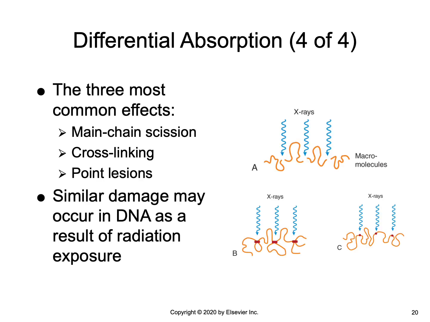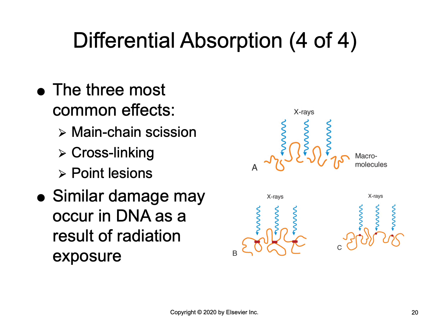The three most common effects are main chain scission, cross-linking, and point lesions. Main chain scission refers to a breakage of the major structure, the framework of the macromolecule itself. Cross-linking is the result of the formation of limbs as a result of irradiation that stick to adjacent parts of the macromolecule or neighboring molecules, creating unnatural framework.